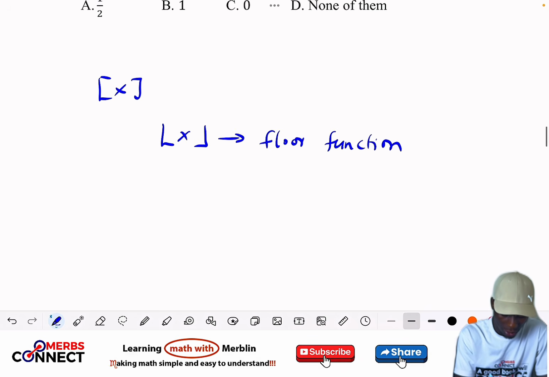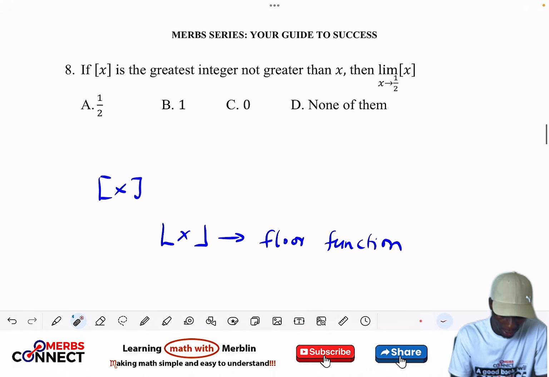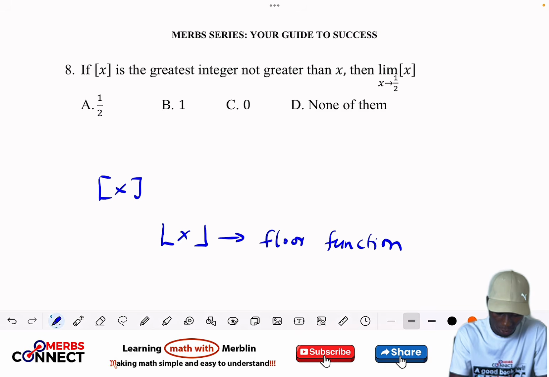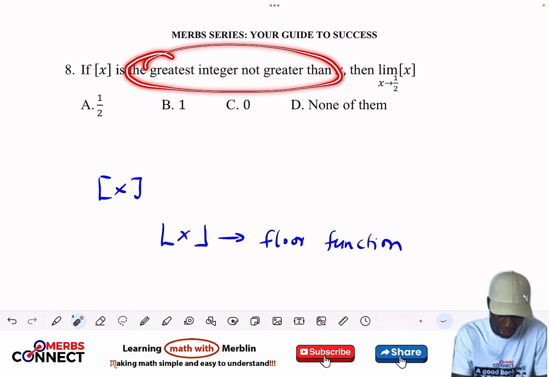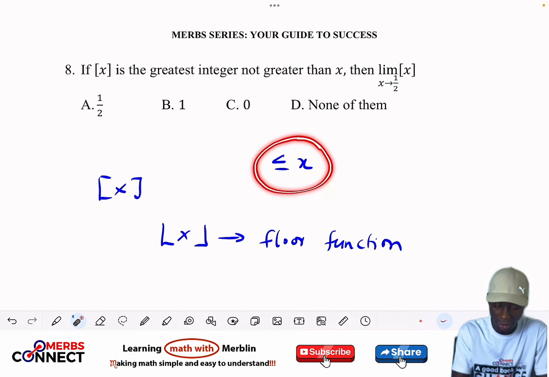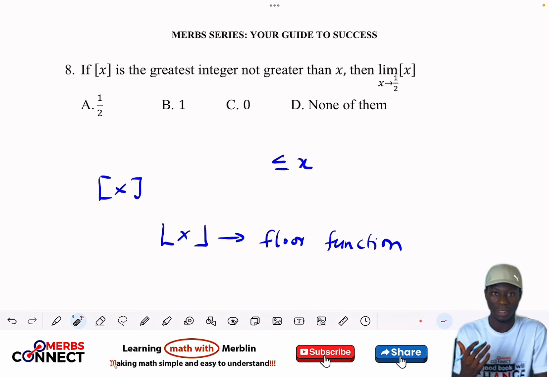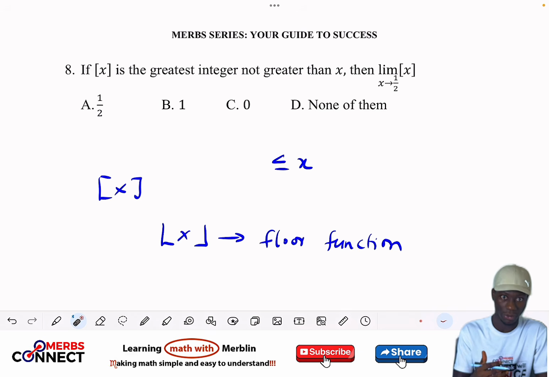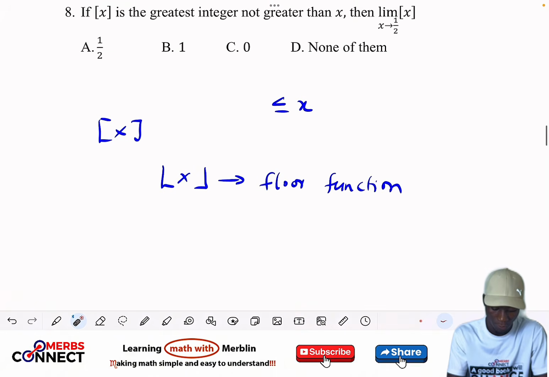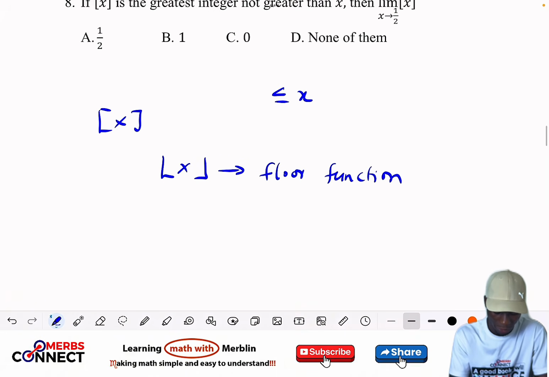We mean that we are picking the greatest integer, which can be written as less than or equal to x. So when you talk about integers, you know integers are 1, 2, 3, 0, -1, from negative infinity to positive infinity, right?